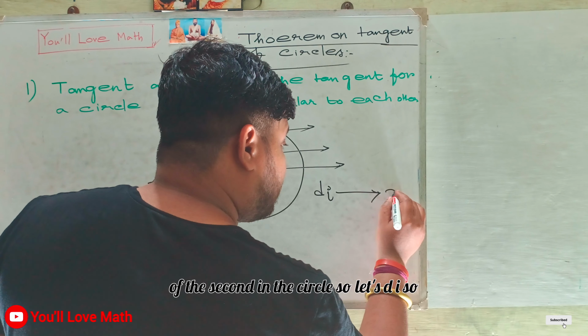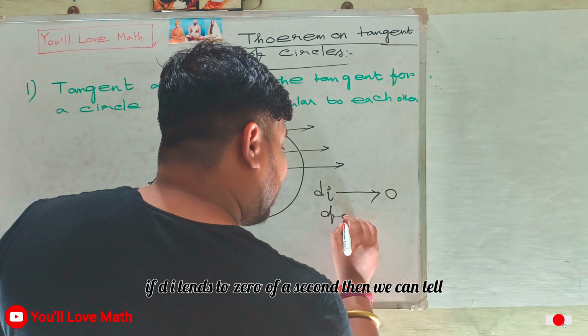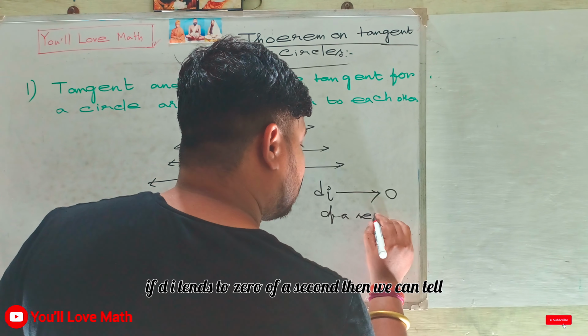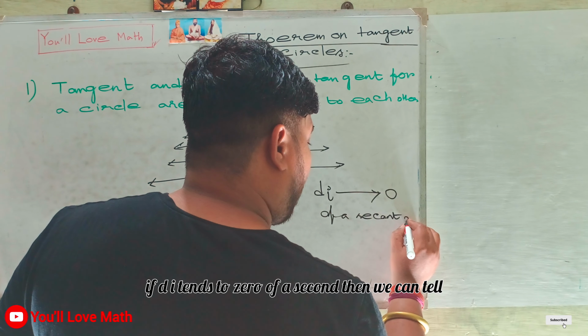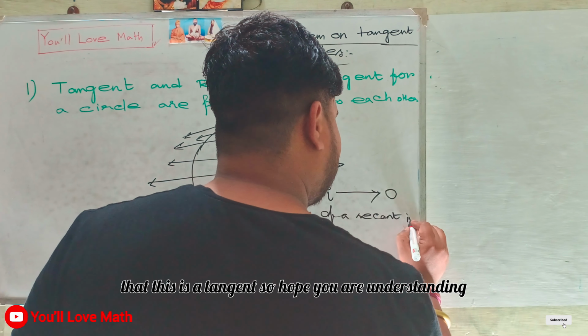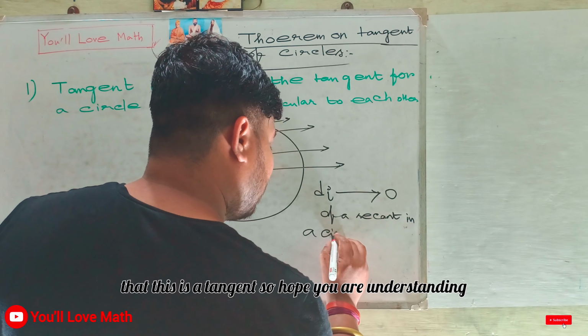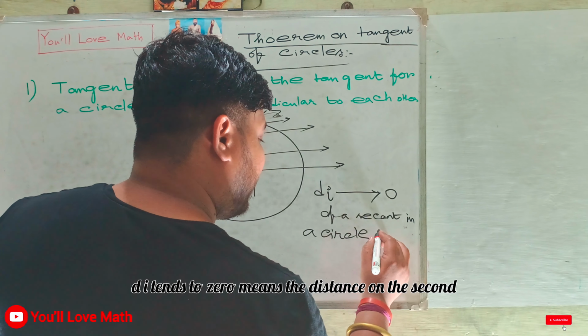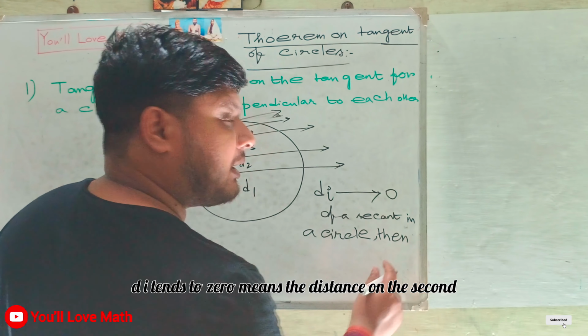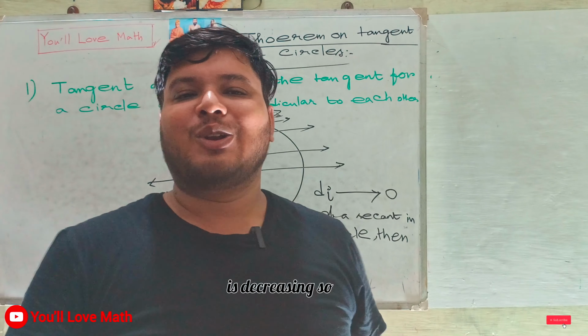Let's call it di. So if di tends to 0 for a secant, then we can say that this is a tangent. Hope you are understanding. di tends to 0 means the distance on the secant is decreasing.